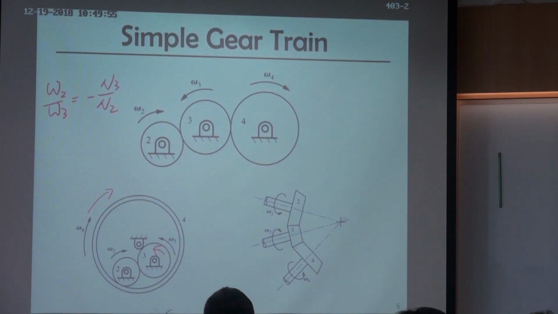Another pair is the 2 and 4. 2 and 4 is an external gear and an internal gear. So omega 2, omega 4, they are going to rotate in the same direction, so there's no negative sign in front of it.